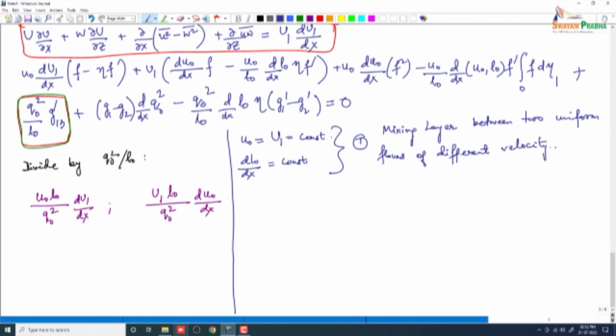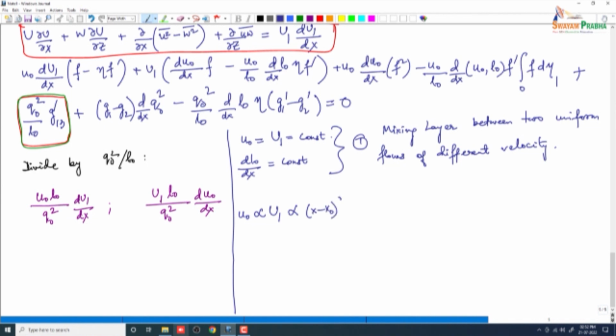So this is a condition for the mixing layer between two uniform flows of different velocities. If they are self-preserving, they should satisfy this condition. If this condition is satisfied, then it will also satisfy self-preservation.